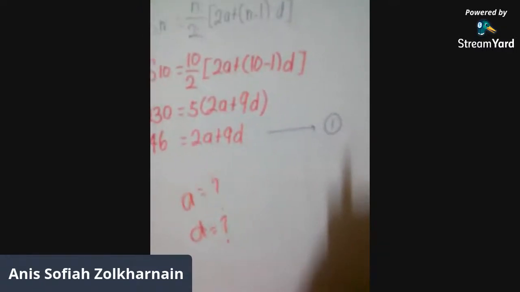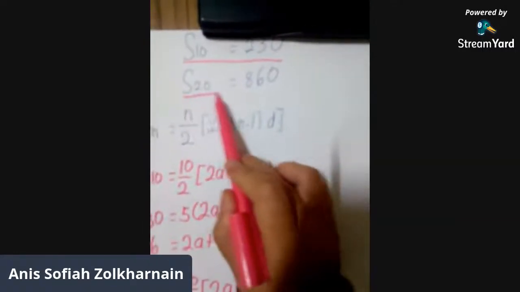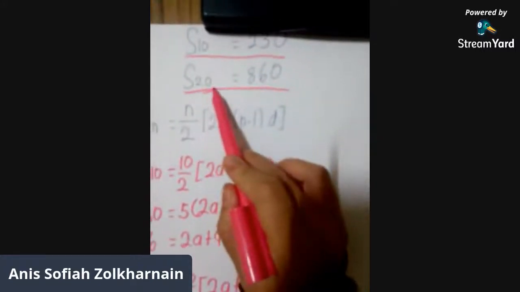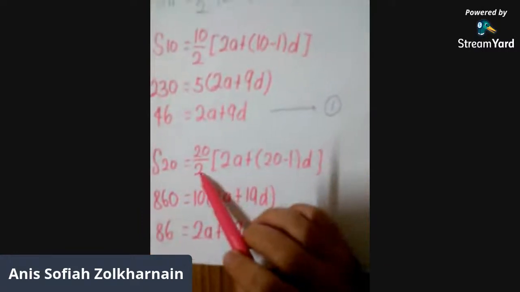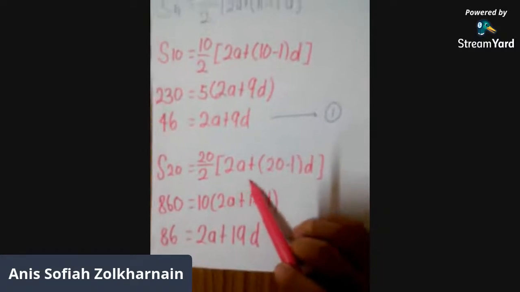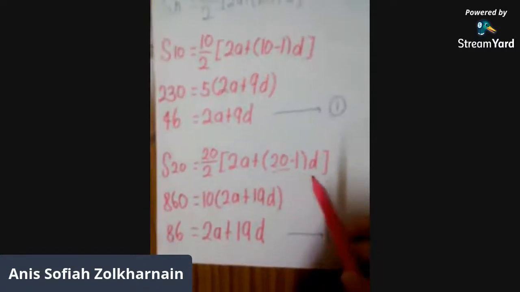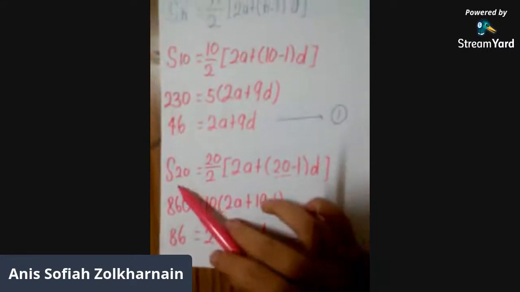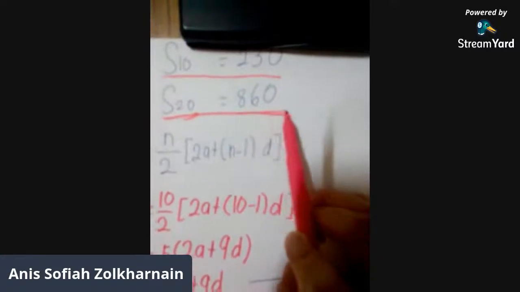And next, we are going to substitute the value of n from this information. So here we have n equals 20. So S20 equals 20 over 2 in bracket 2a plus 20 minus 1 d. The value of S20 is 860.